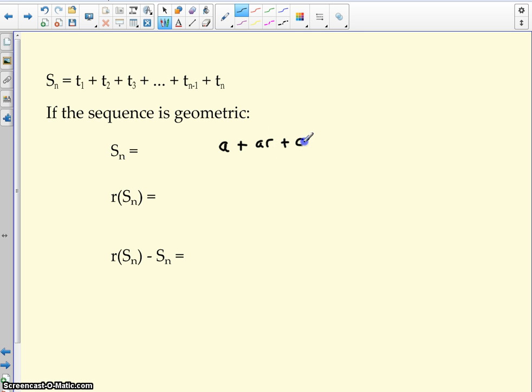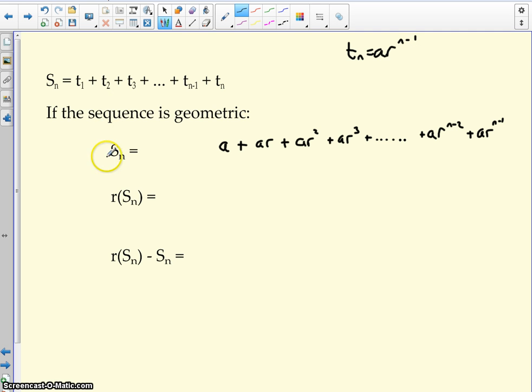So then we add ar squared, and as we keep multiplying by r, our exponents in r go up, and eventually we get to the point where we have plus ar to the n minus 2 plus ar to the n minus 1. Okay, that's going to be, again, using our general term for a geometric sequence, the nth term.